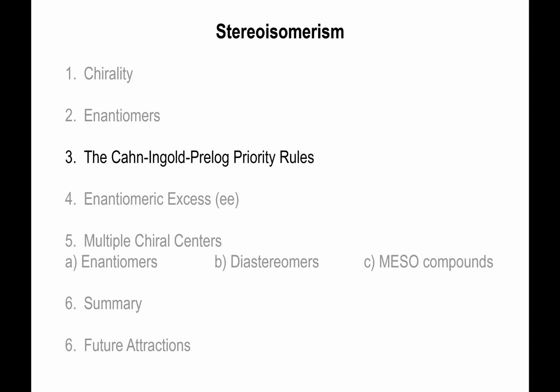So 3 different ways of doing the same thing, and in different situations, one method may be better than the other. But now let's introduce the Cahn-Ingold-Prelog priority rules, since we now have an idea of how to distinguish whether a carbon is going to be chiral or not.